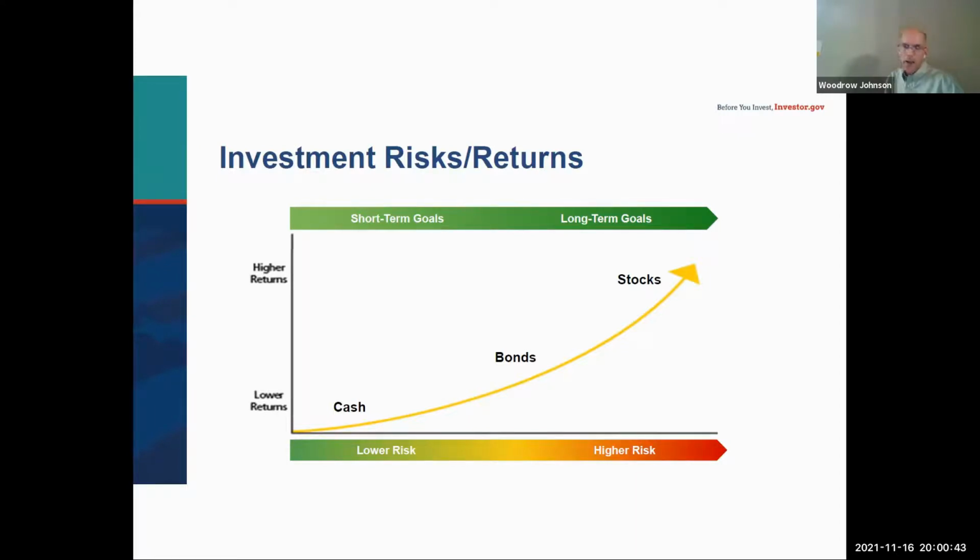Cash, things like literal cash or treasury bills or bank CDs or bank deposits or things like commercial paper, historically had very low returns, but also very low risk. Bonds are in between. Historically, they've had risk between that of stocks and cash, but also returns between that of cash and stock.